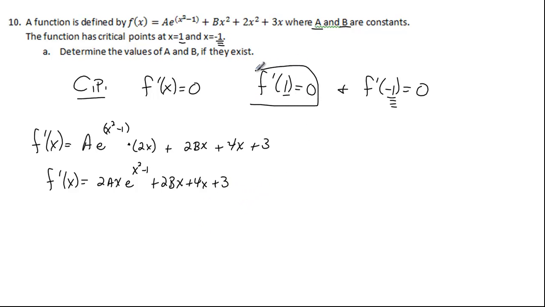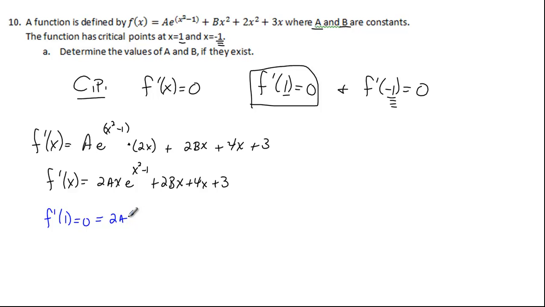So let's go ahead and plug in our first constraint. I'm going to do that in blue. We have f prime of 1 equals 0. Everywhere we see an x, we're going to plug in a 1.